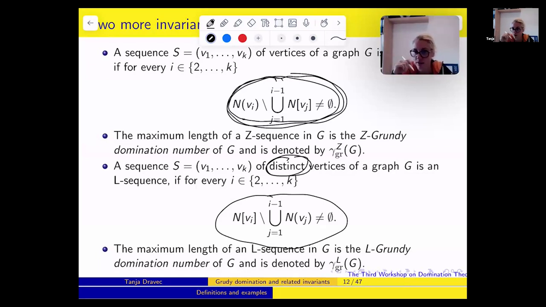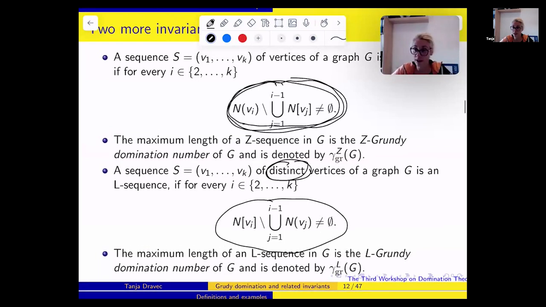That's why we have distinct in the definition. Another thing is that in the other Grundy invariants, when a vertex is dominated, it cannot be footprinted again, so each vertex can be footprinted just once. But here in the L-sequence, it is different.